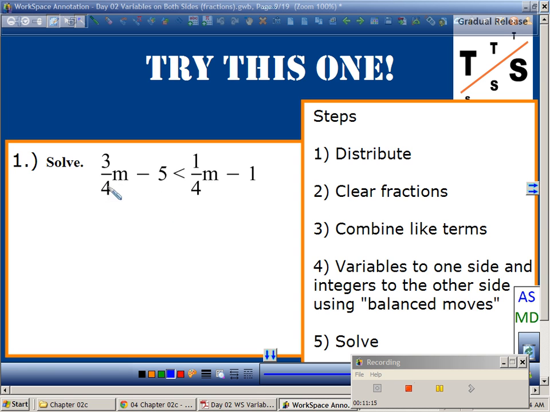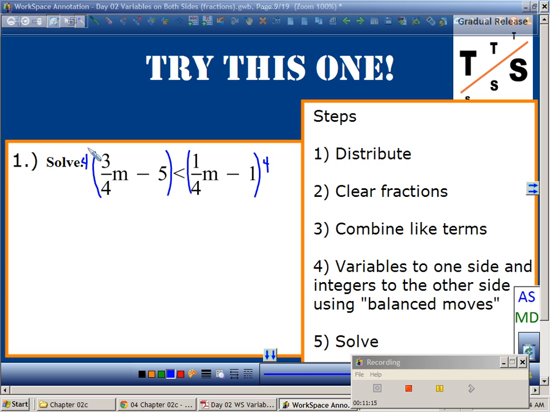4/3. Oh, I wouldn't multiply by 4/3. What do you think? Yes. There you go. Not by the inverse, but by the common denominator. And we only have one denominator, it's 4. So we're going to multiply both sides of our equation by 4. Remember that, Mario?